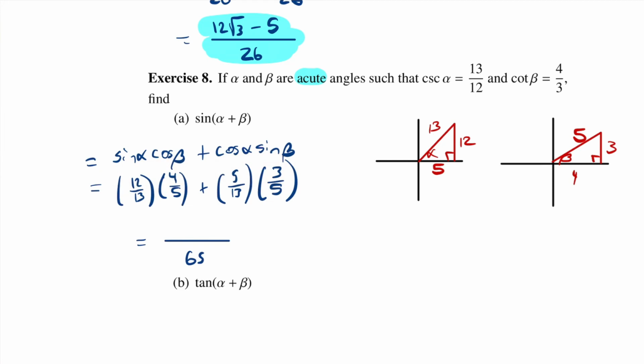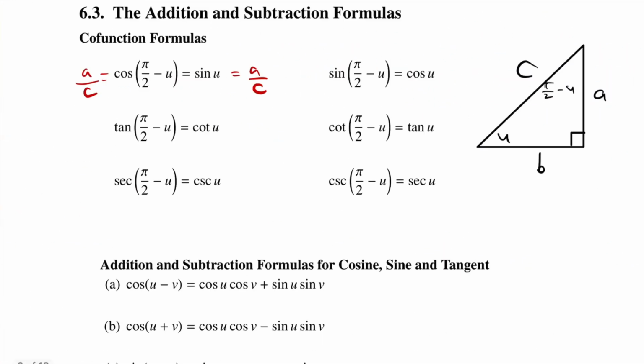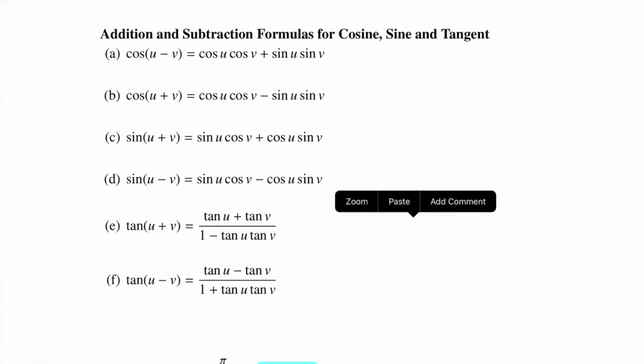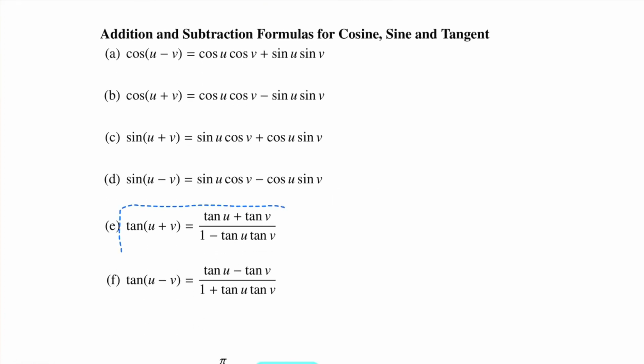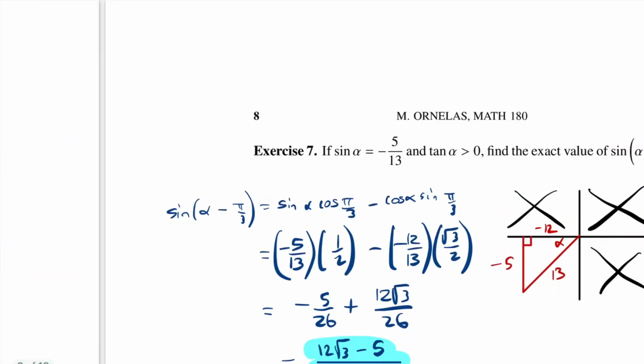All right, the next problem, we need to use a tangent formula. So I'm going to copy and paste that one. Here it is. All right, so we already have the triangles drawn out, which is great.